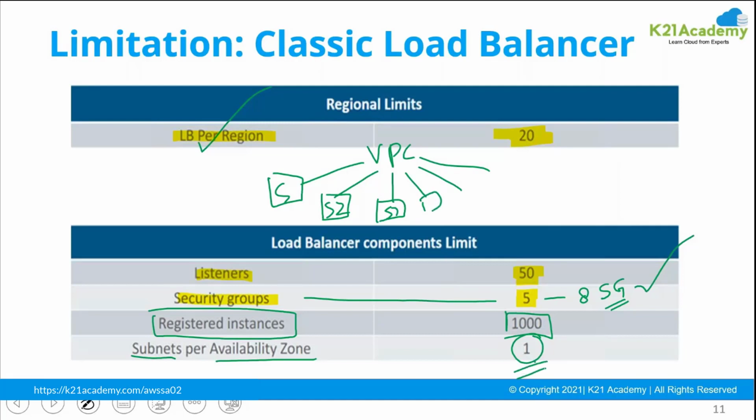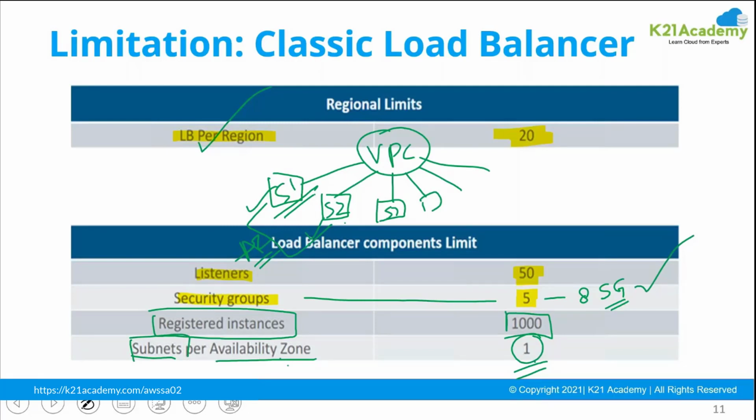You'll understand this when you learn to create custom VPCs. When you create custom VPCs and custom subnets, your subnet 1 and subnet 2 probably belong to the same physical availability zone. So this is the limitation. It says that only one subnet per availability zone is supported in the classic load balancer.